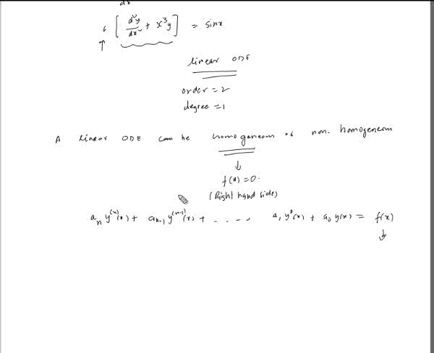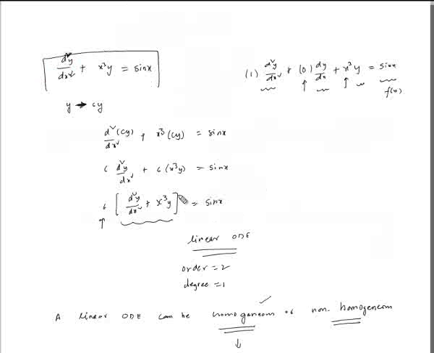Now if this f of x is 0, then you say the linear ODE is homogeneous, otherwise it is non-homogeneous. In the example we took here, f of x was sin of x, so this was a non-homogeneous linear ODE case. This is just a small classification among linear ODEs.